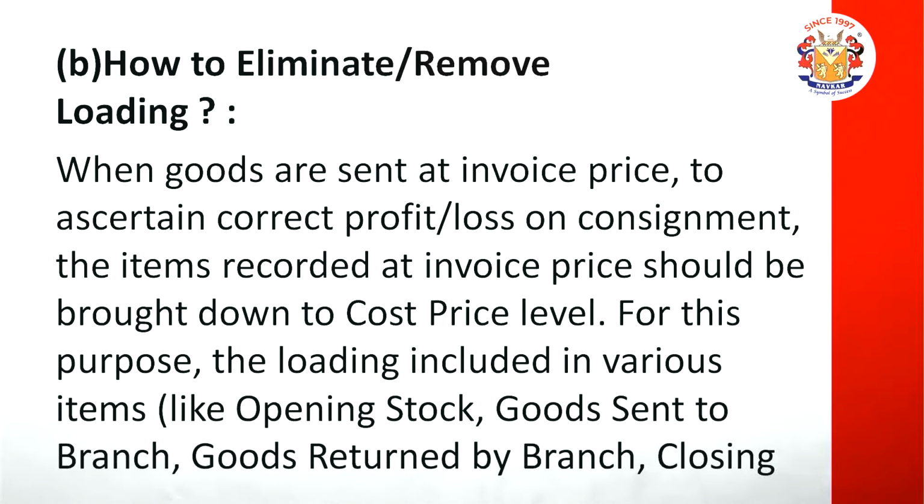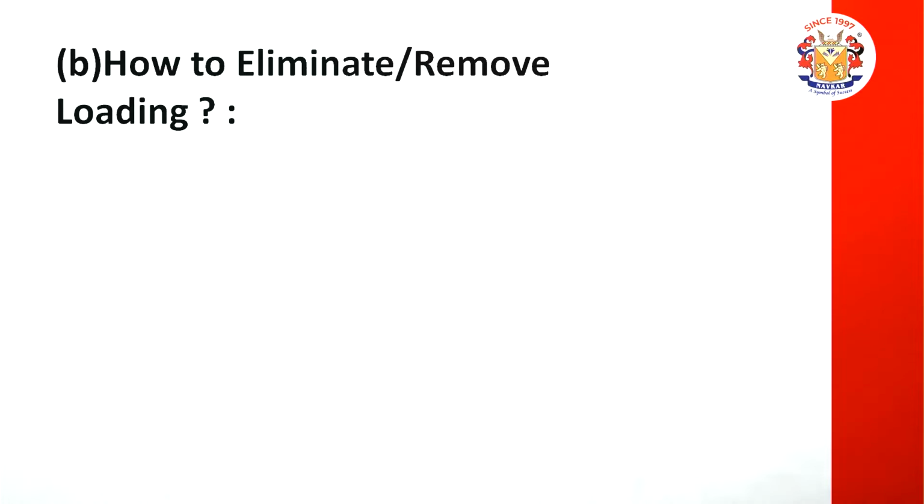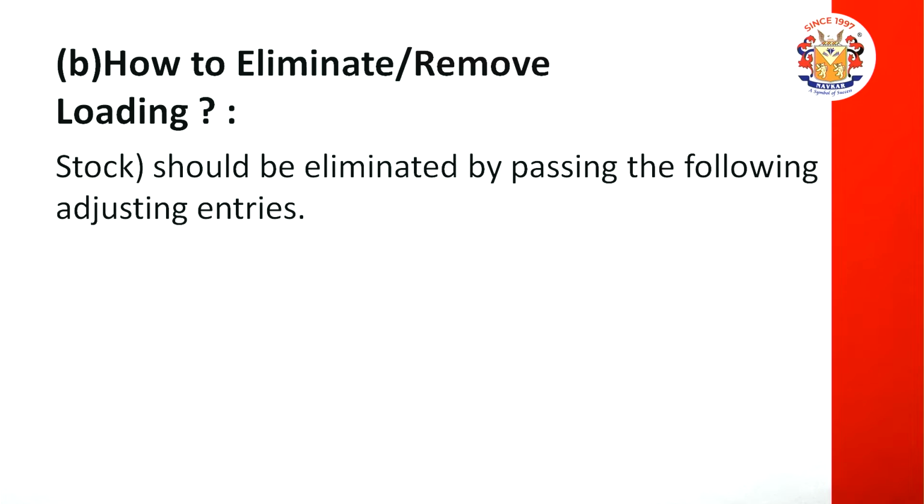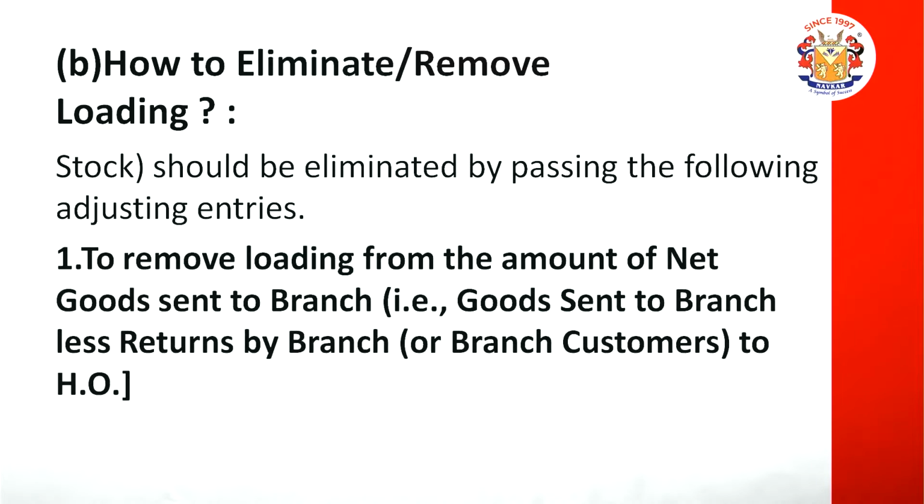For this purpose, the loading included in various items like opening stock, goods sent to branch, goods returned by branch, closing stock should be eliminated by passing the following adjusting entries. First of all, to remove loading from amount of net goods sent to branch.